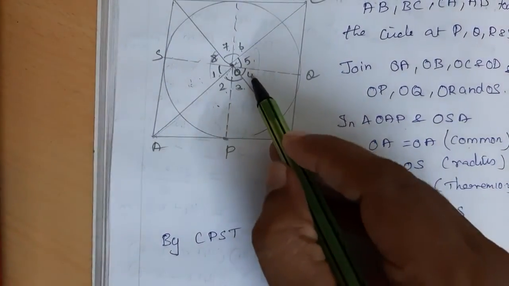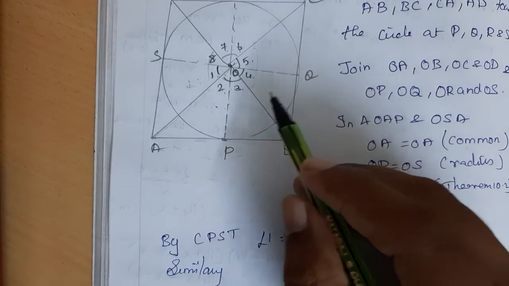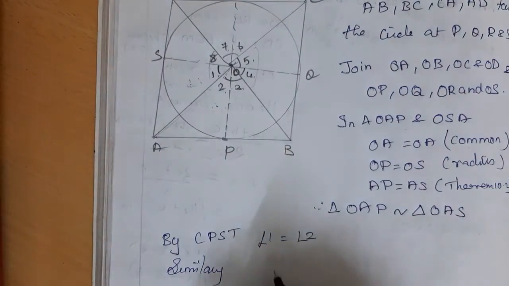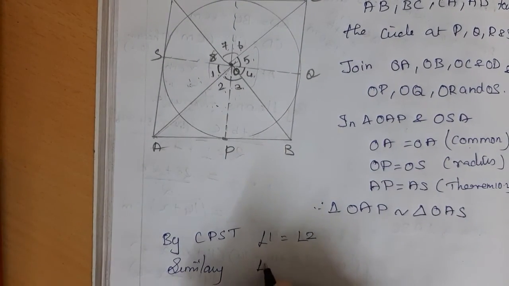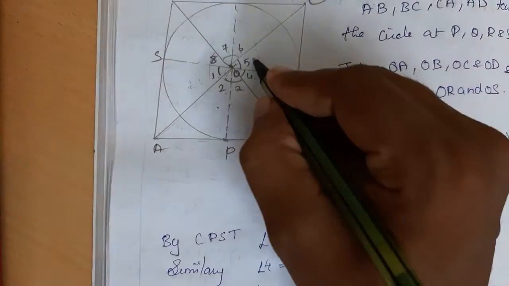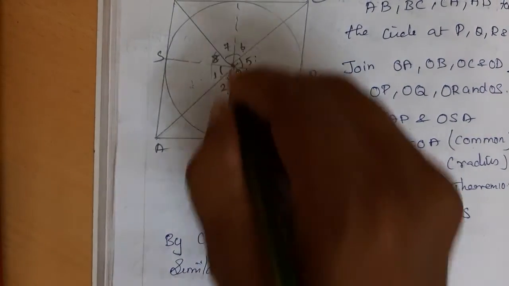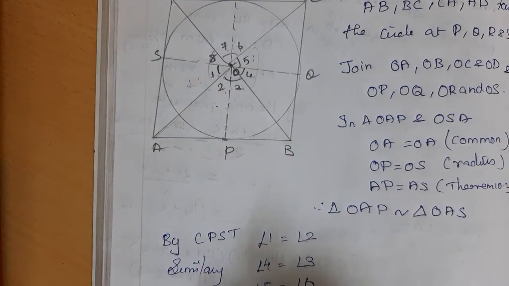Similarly we can say that angle 3 and angle 4 will be equal, right? So angle 4 is equal to angle 3. By the way, 5 and 6 are also equal, we can prove that, and 7 and 8 are also equal, right?